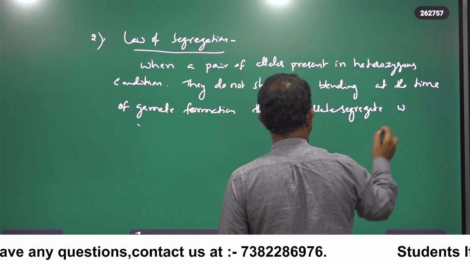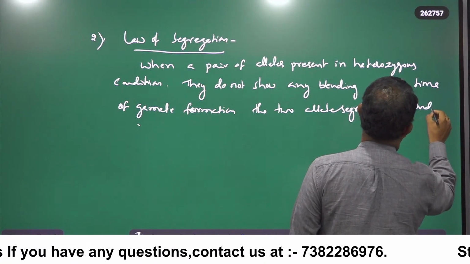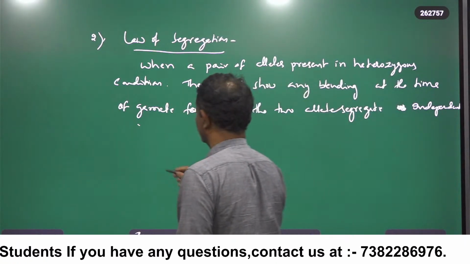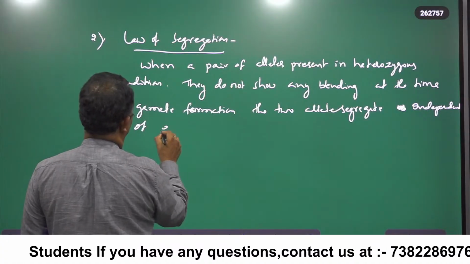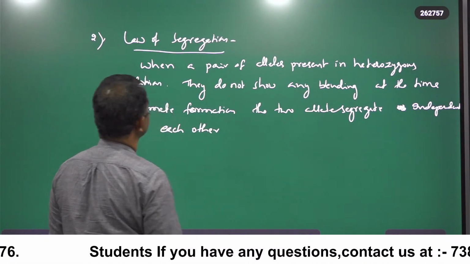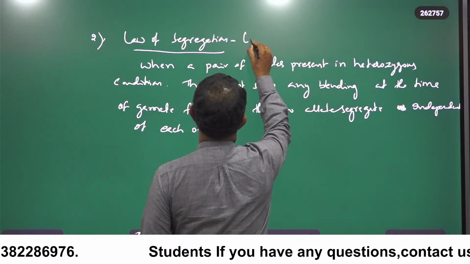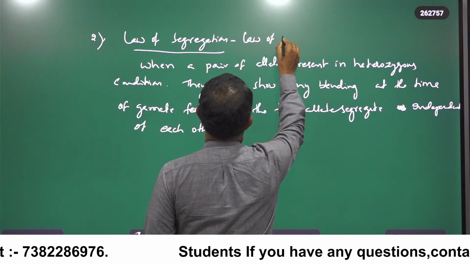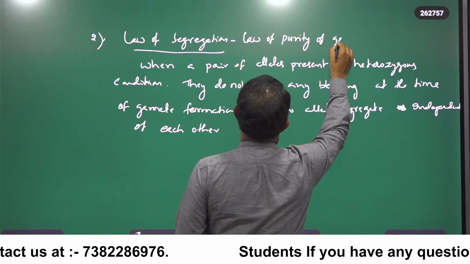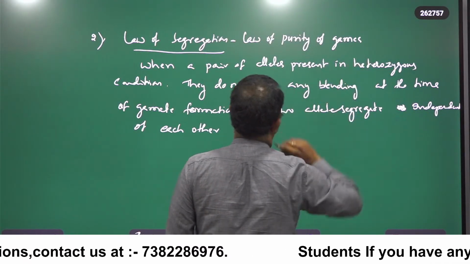The two alleles segregate independent of each other. It is called law of segregation, also called law of purity of gametes. Already we have said gametes are always pure.